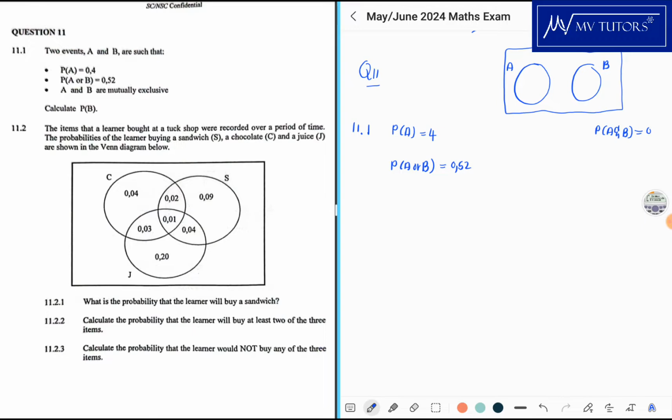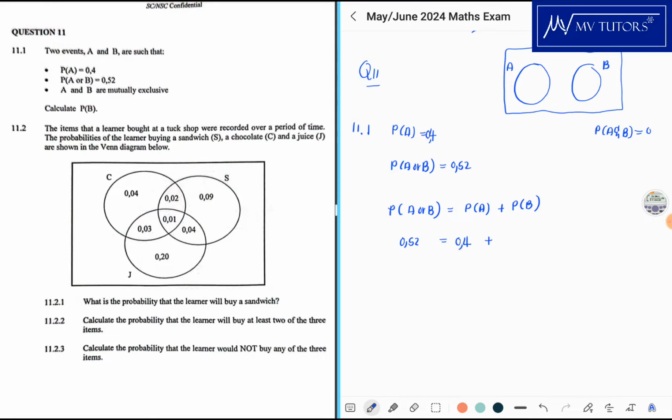Now it says calculate the probability of B. So the equation I'm going to use, probability of A or B is actually equal to the probability of A plus the probability of B. We have the probability of A or B, which is 0.52. Probability of A is 0.4. I was like, what? How are we having 4?